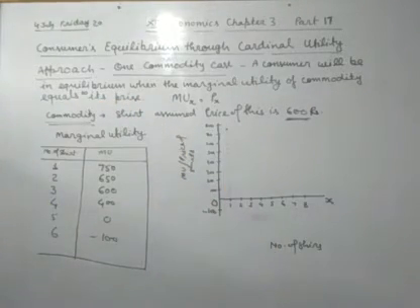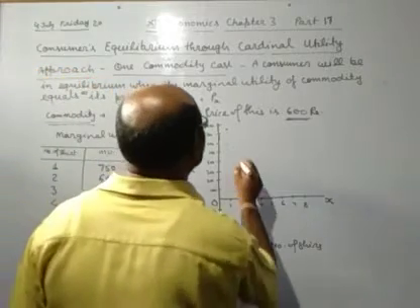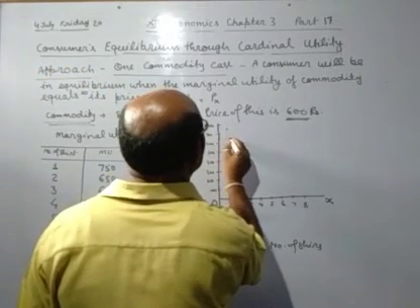When you purchase the first, the second will give you somewhat less utility. So for the second, you will be ready to pay only 650.